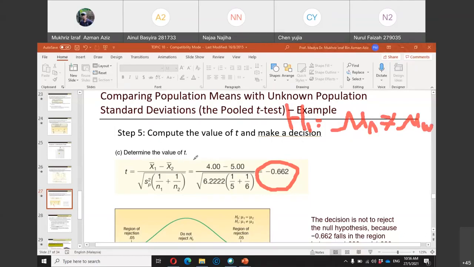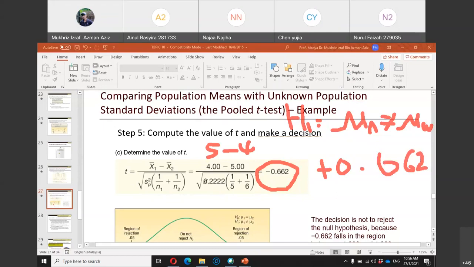Instead of 4 minus 5, it will be 5 minus 4. The bottom part will be the same, because this is just the pooled variance. But instead of negative 0.662, she will get positive 0.662. So is this right or wrong?